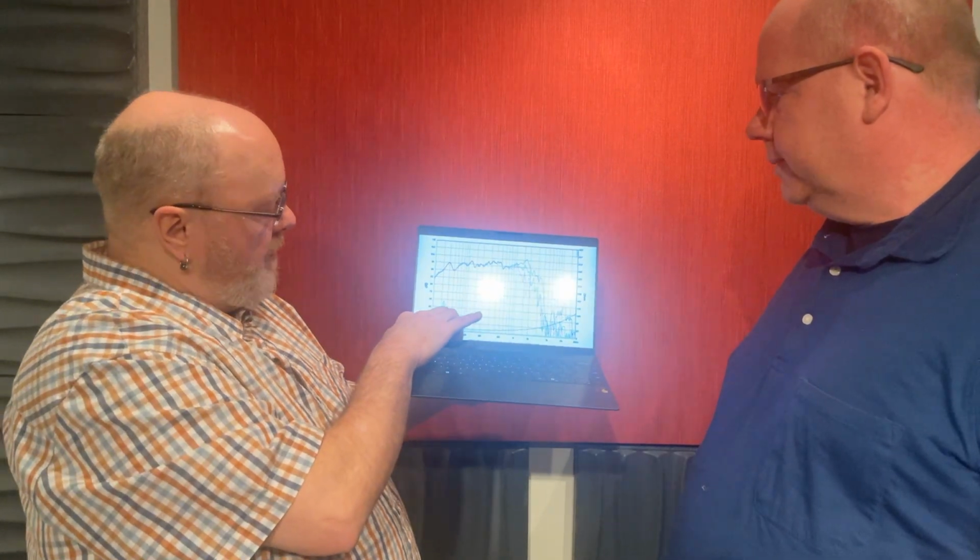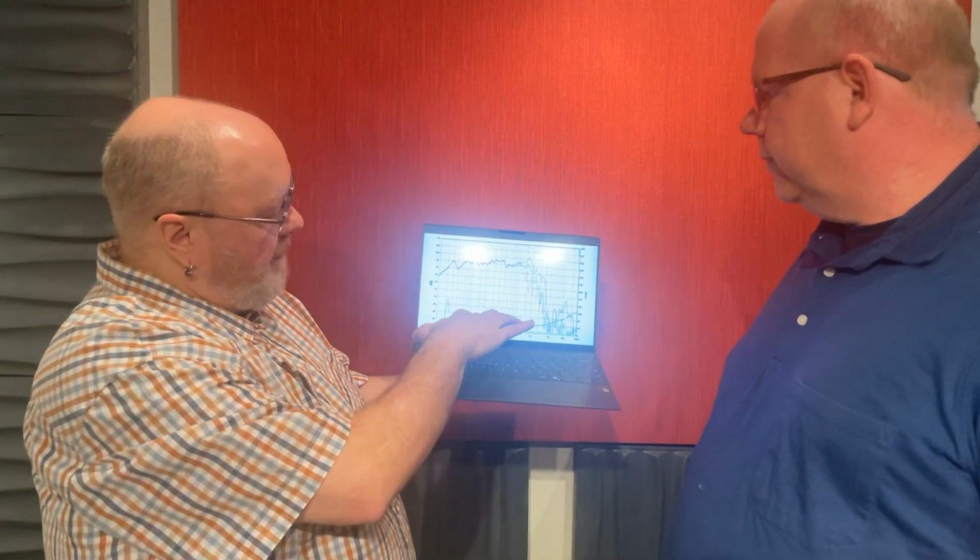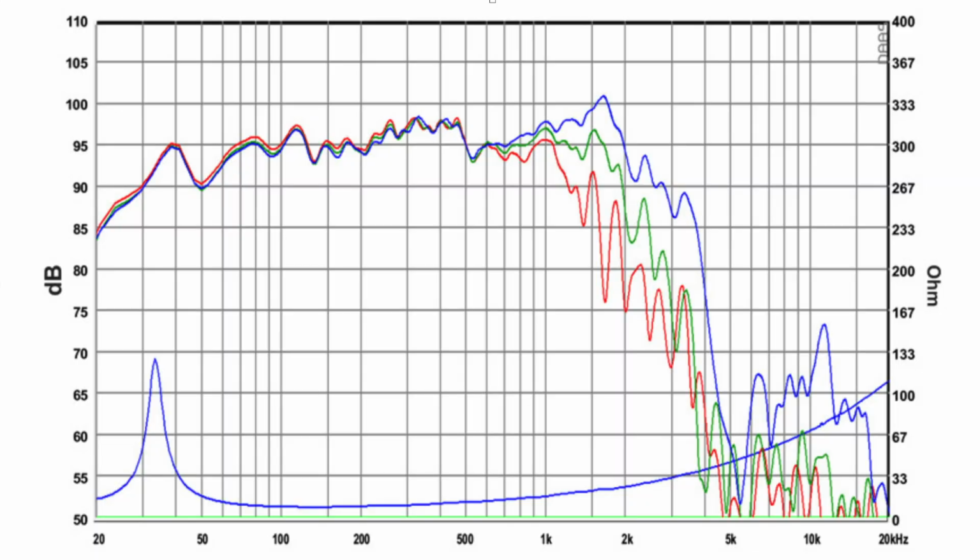If you notice that spike right there, the bottom blue line, that is called the resonant frequency. The impedance goes up to almost over 100 ohms because that's the point where that driver is working the least but putting out the most output. That is the natural resonance frequency of that driver.